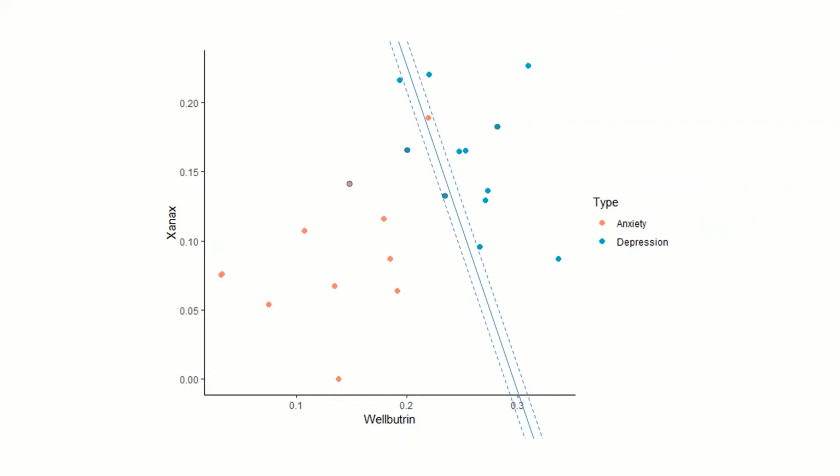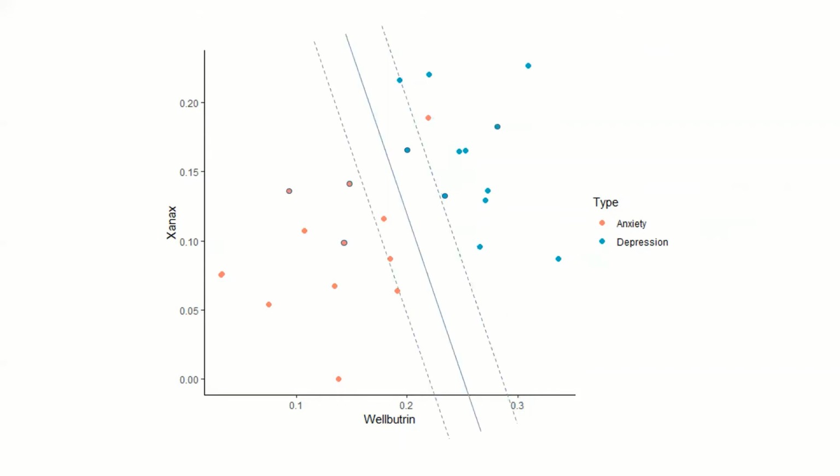And what we might decide to do instead is use a wider margin. So this is basically increasing the value of C, which allows some form of error. And we do this not because it makes our training accuracy better. Remember, training accuracy isn't really that important to us. It's the test accuracy. So we do this to help generalize and reduce our error on the test set, i.e. we reduce overfitting.